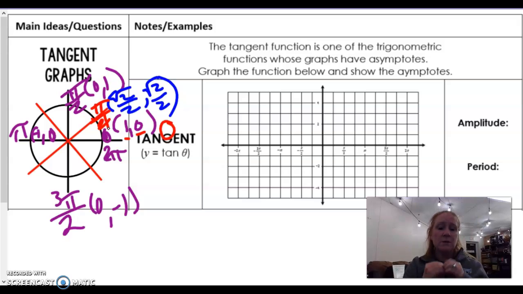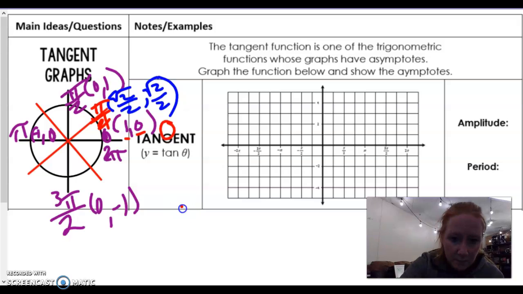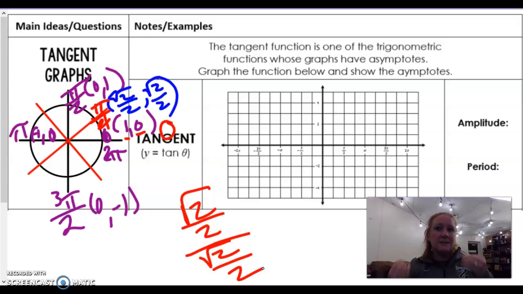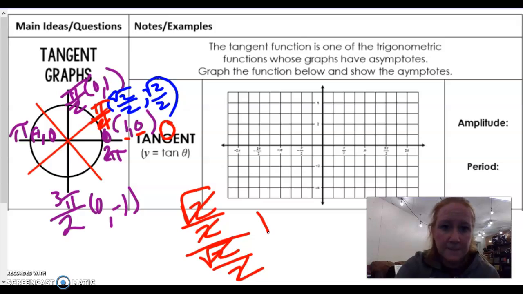At pi over 4, the tangent is square root of 2 over 2 over square root of 2 over 2. Do you see how that simplifies to 1? Because these simplify each other, it all simplifies to 1, which is awesome. Another reason that I love pi over 4's. So the tangent right here is 1.